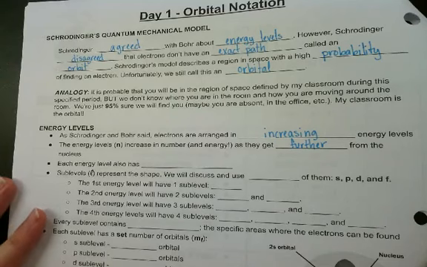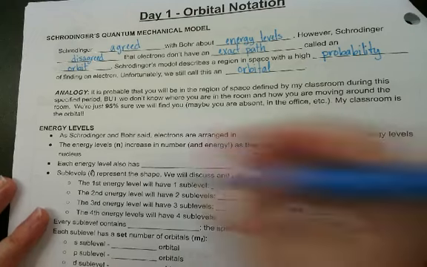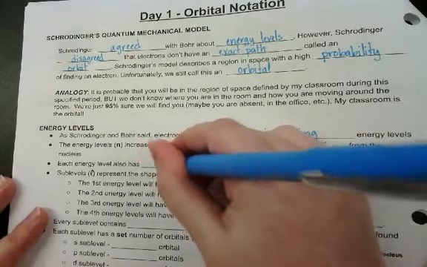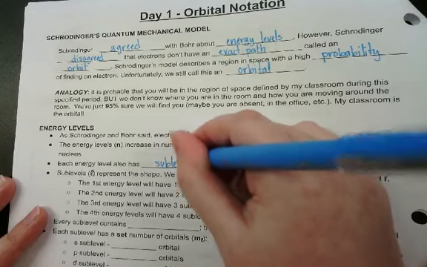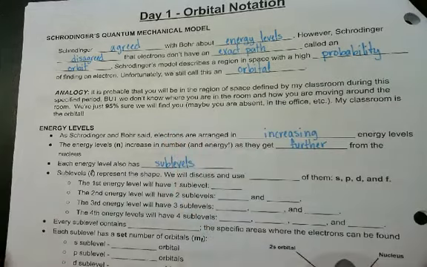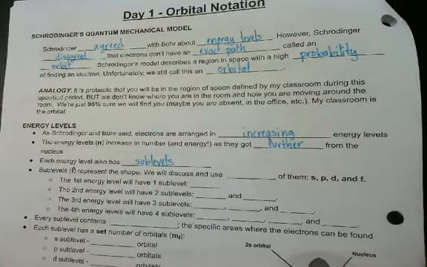Now we can get a little more specific because each of these energy levels also has what's called sublevels. Each of these sublevels represents a shape.